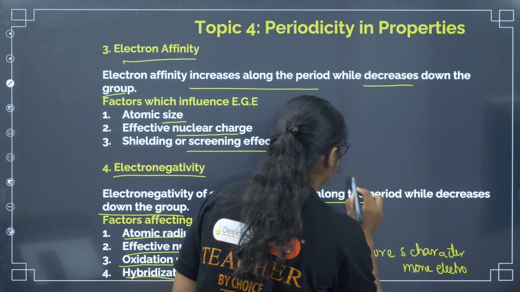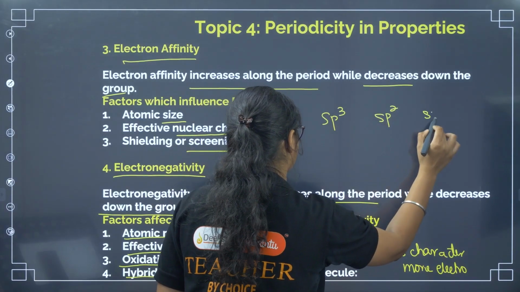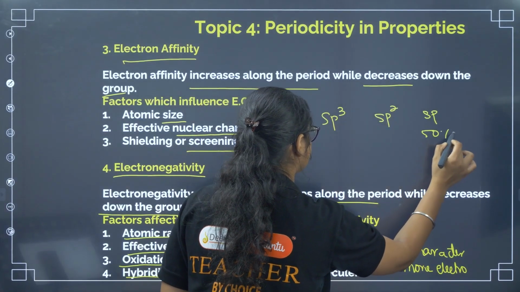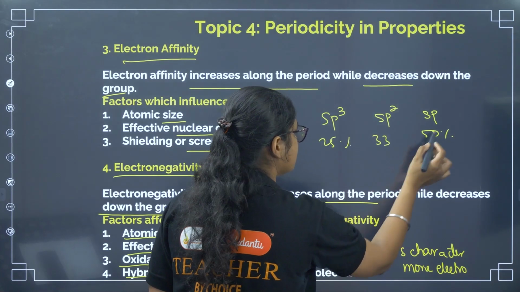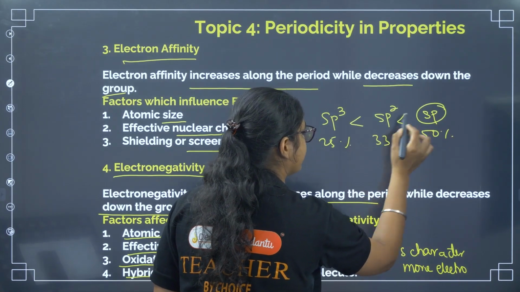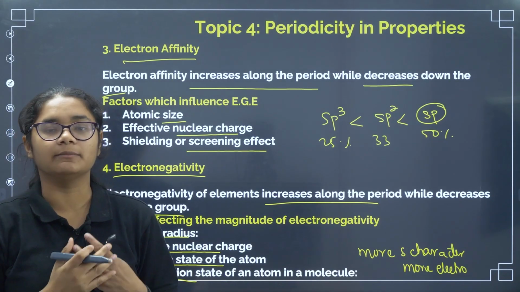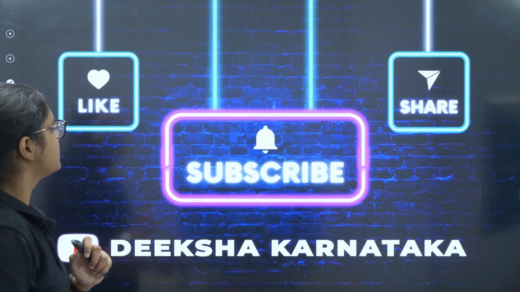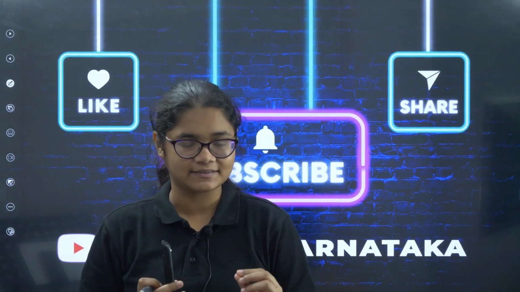For example, if you see sp3, sp2 and sp, here 25% is s, here around 33% and here 50%. So more s character, that is why the electronegativity of carbon with sp hybridization will be higher. Fine. So this was the complete inorganic chemistry that we have discussed.